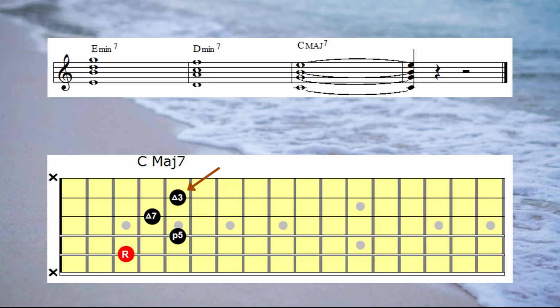The note under your fingers on the 3rd string was the 7th of each chord. The 4th string contained the 5th of each chord, and the root note was located on the 5th string.